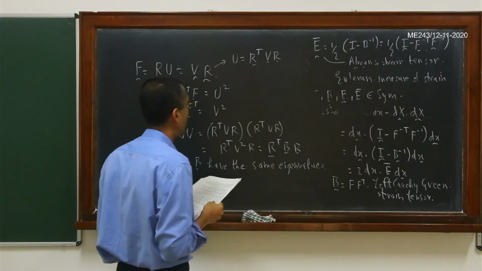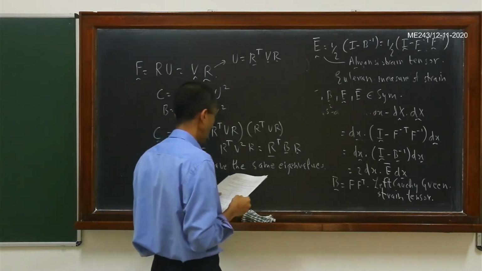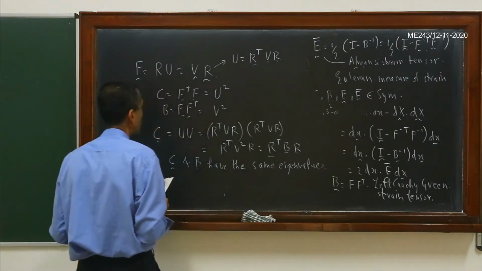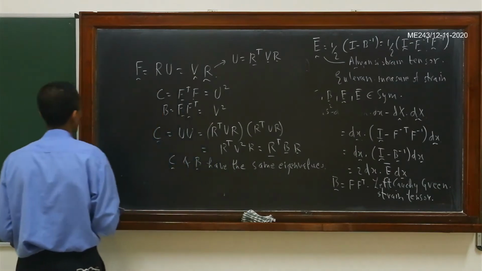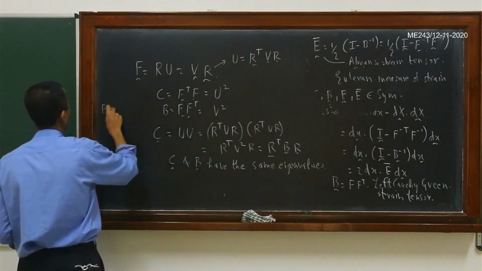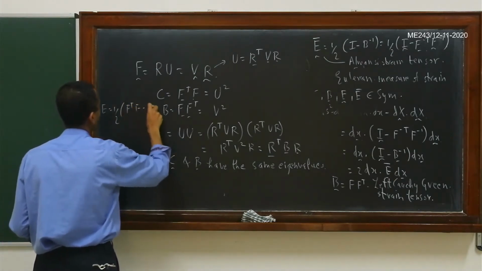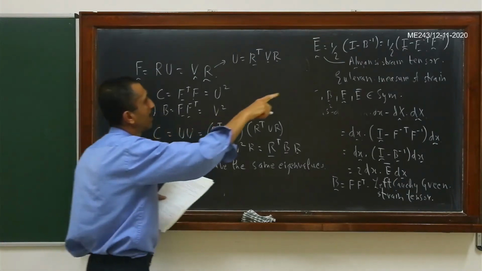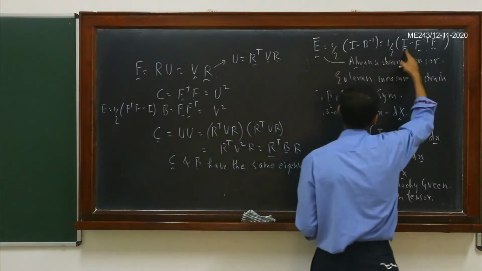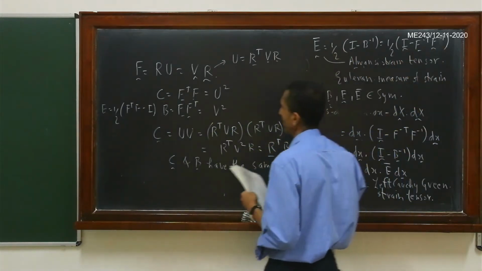Okay, and the relation between E and E bar. We have seen that E is equal to half of F transpose F minus identity, and that E bar is half of I minus F inverse transpose times F inverse.